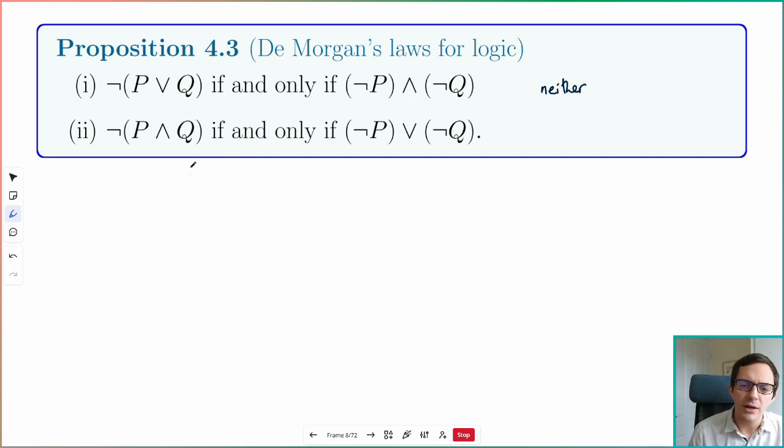So instead of saying P or Q, very permissive, to negate that, it must be the case that not P and also not Q. And similarly, the negation of P and Q: if it's not the case that both are true, then it must be the case that one of them is false. So not P or not Q. This says not both in words.